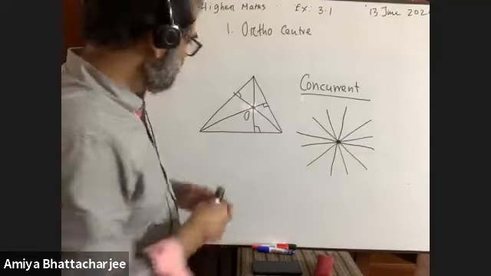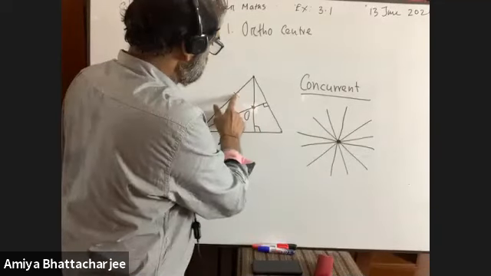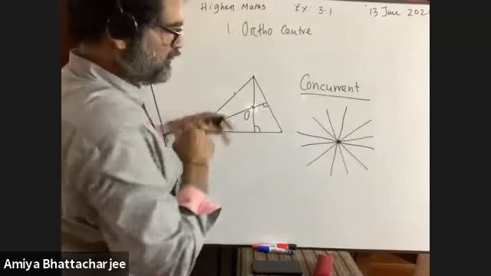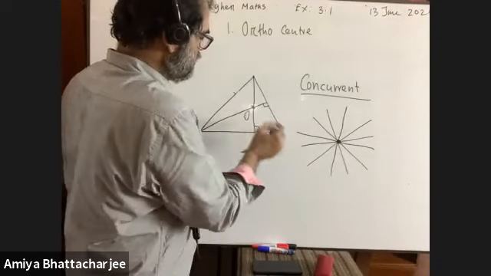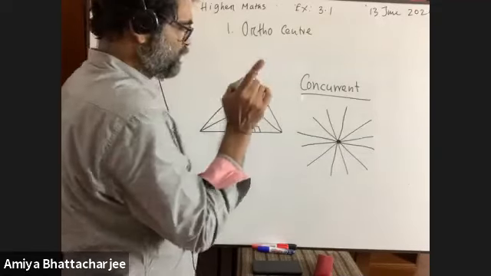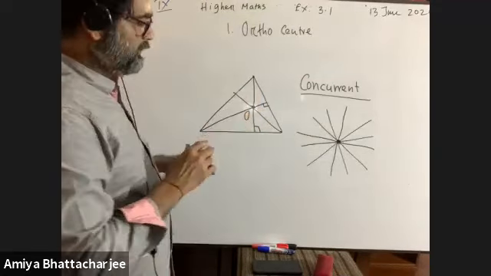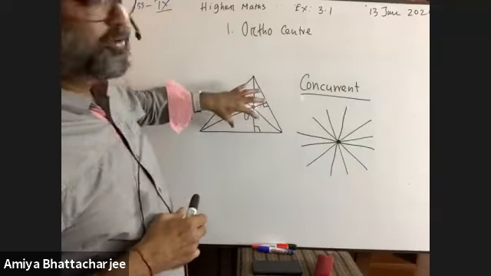That means even if I don't draw this, it is also the orthocenter, because if we draw the third perpendicular, it must pass through this point. Have you got it? Yes, sir. Concurrent means passing through the same point.